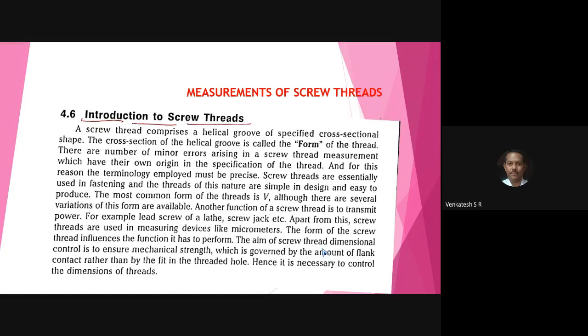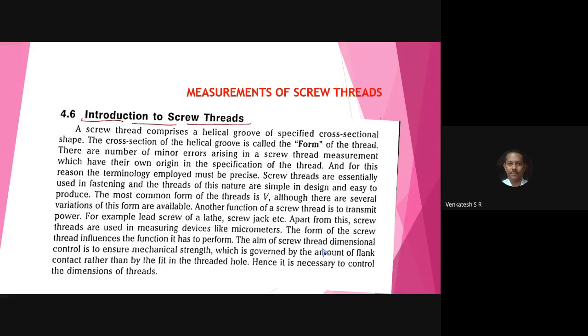In the same way, if you want to lift the vehicle using the screw jack, you turn the nut provided. So in that you have square thread. And very important, in the lead screw of the lathe, you can also see the square thread.